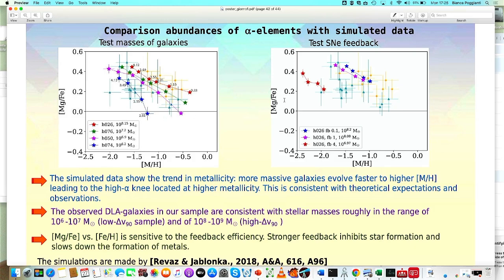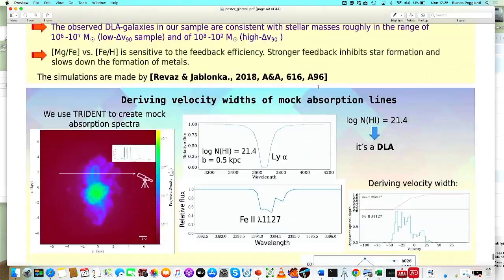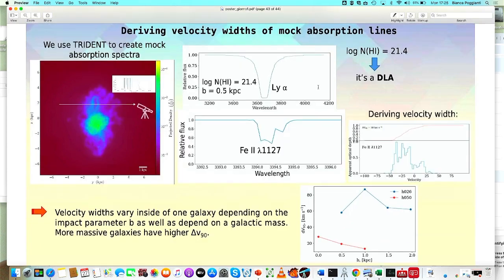Then we test efficiency of supernovae feedback, and we constrain velocity width as a measure of galactic masses. So for more information, you can come to my poster.